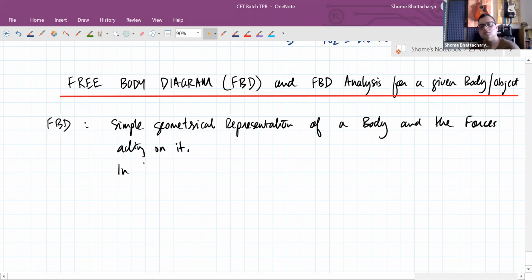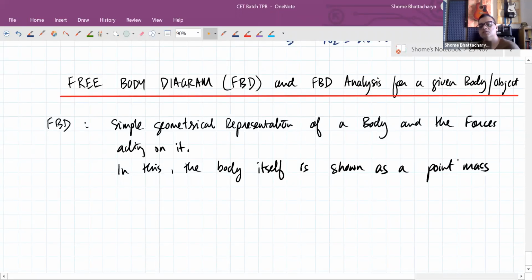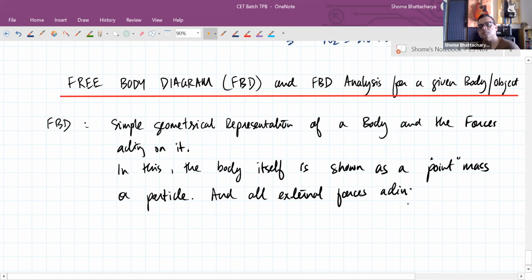In this, the body itself is shown as a point mass or particle, and all external forces acting on it are drawn as vector arrows originating from that particle.